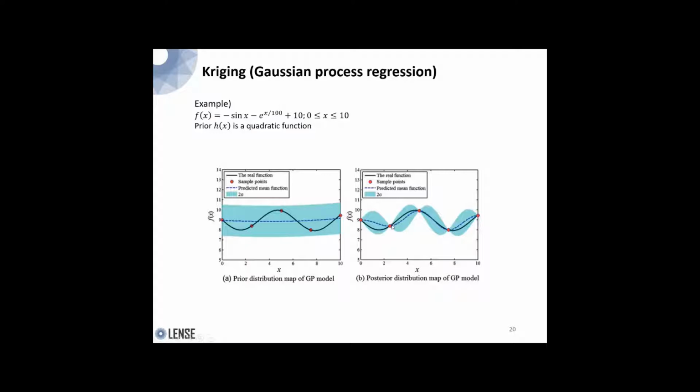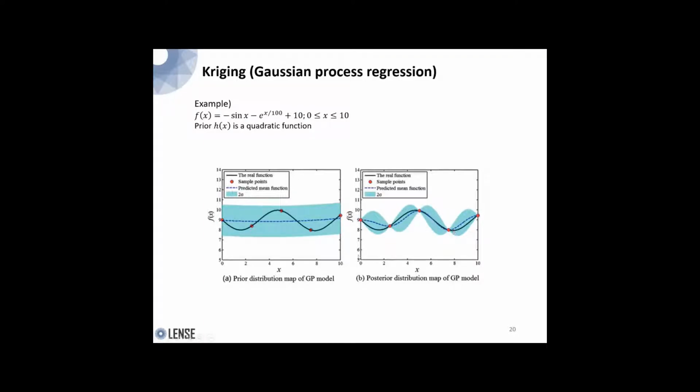So now what you're doing is using this prior of the mean and the covariance. Now you're updating the conditional distribution, okay? Because now you have these points here, your mean function has changed. Your mean function has changed to this blue here.